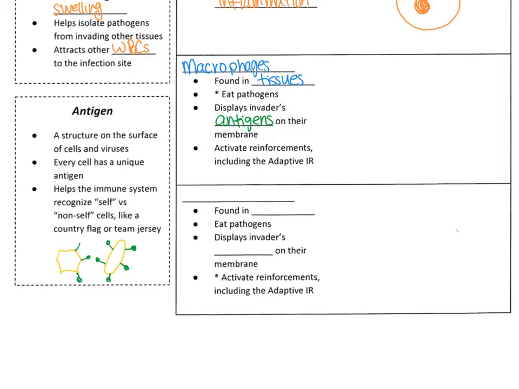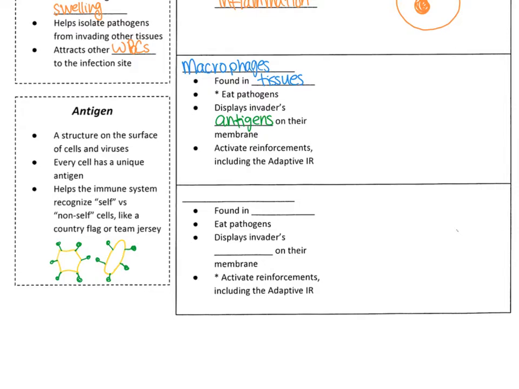Your cells have antigens, and they help your immune system recognize that, hey, these cells belong here. Just like if you were playing on a sports team, you wear the same jersey as your teammates. Same thing here with viruses, bacteria, and the cells of your body. Each of them has a specific jersey that helps each other recognize themselves.